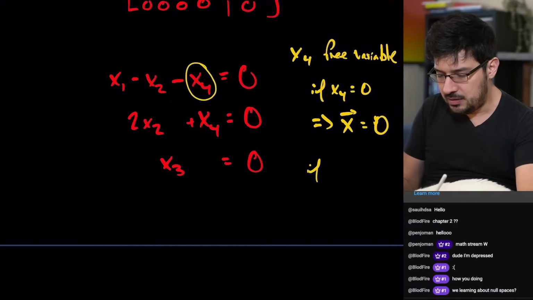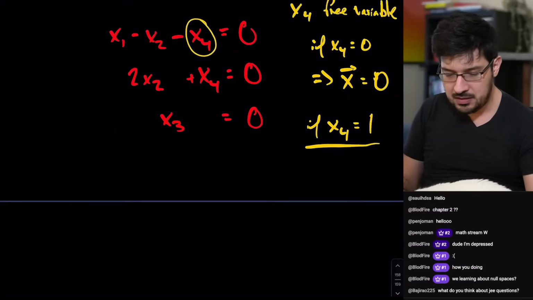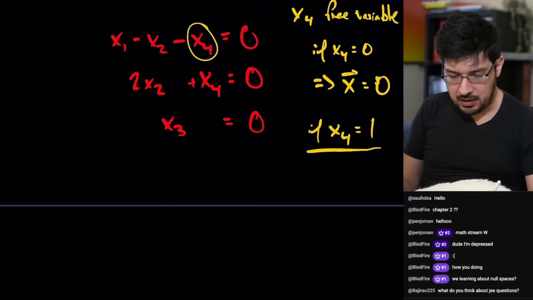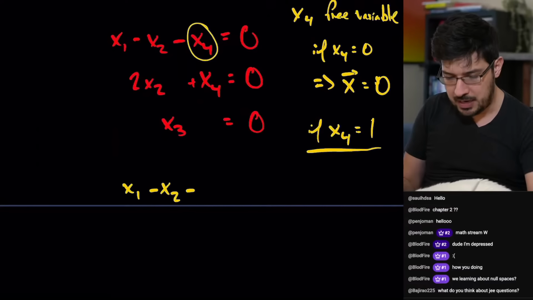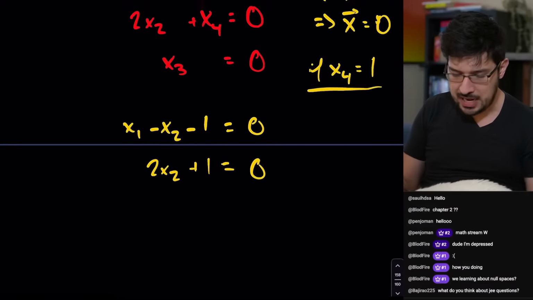But we can take another value, say that x4 equals 1. Then our equation becomes x1 minus x2 minus 1 equals 0, 2x2 plus 1 equals 0, and then the last equation doesn't really add much.